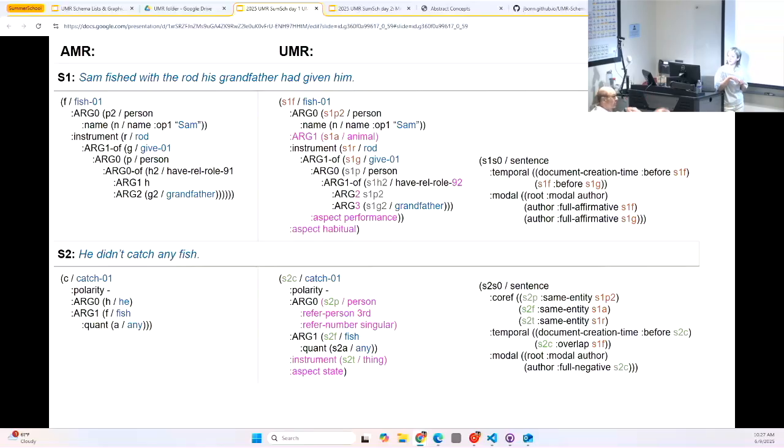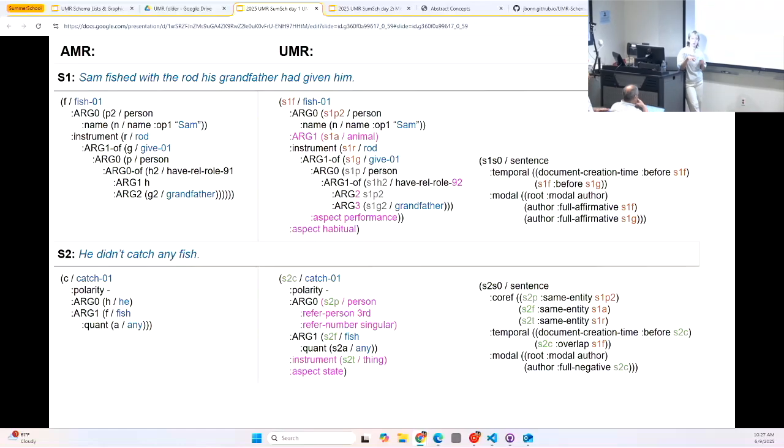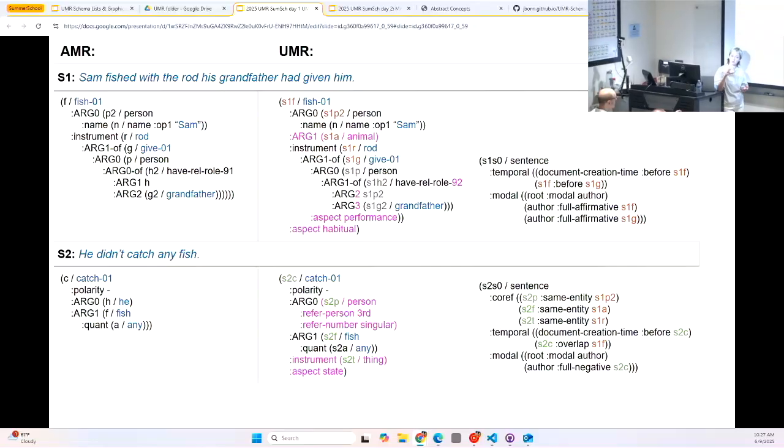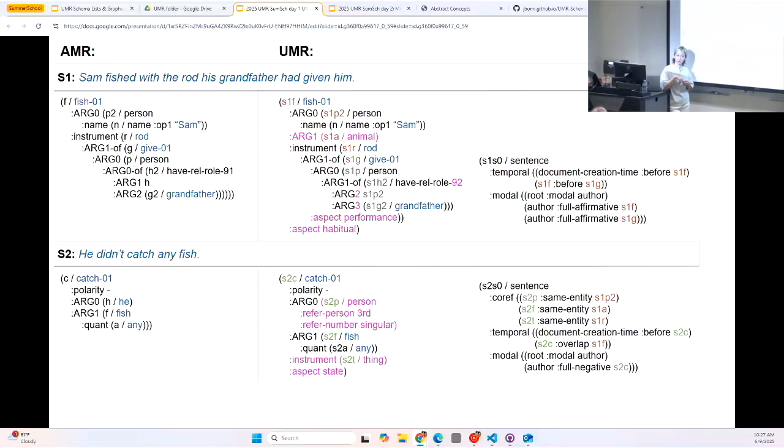But as Julie said, UMR is a broader scope to try to incorporate those types of meanings. And part of that is that AMR, when it started, was just one sentence at a time. You weren't looking at all the sentences together. You could kind of refer to them to get an idea of what was going on, but you weren't representing discourse structure at all. But UMR, because we do document level annotation, you do pay attention to that stuff more.